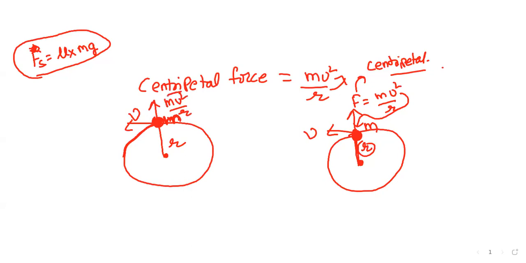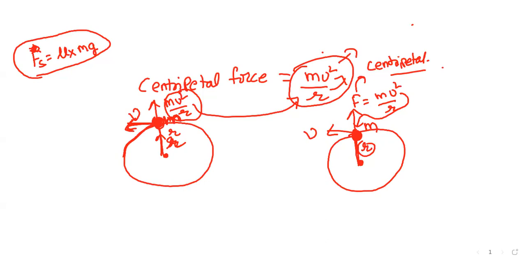This is what centripetal force is given by. Let's say the mass m started rotating in a circular motion of radius r with the speed of v, then the centripetal force acting on this stone is given by mv square upon r. This is the standard formula which we need to remember.